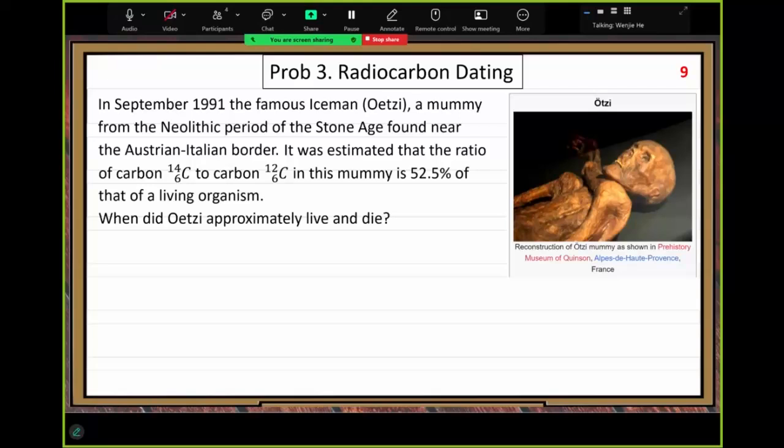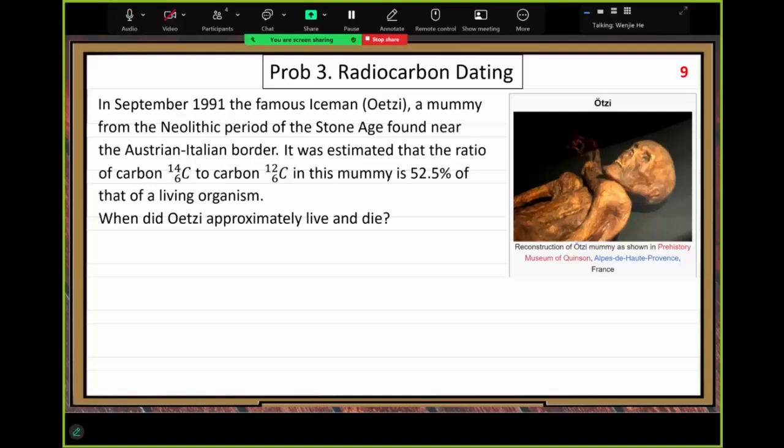We want the point when this mummy died. Before the mummy was dead, in that person's body, carbon 14 keeps recycling: old is gone, new carbon 14 gets in.